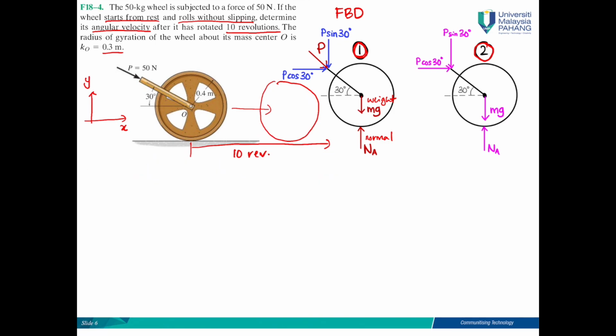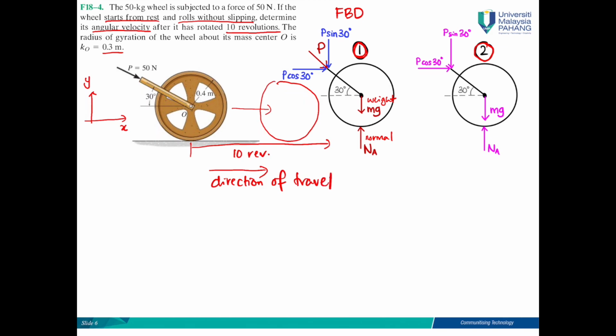Let's see in which direction the wheel has traveled. Basically the wheel has traveled to the right. This is the direction of travel.